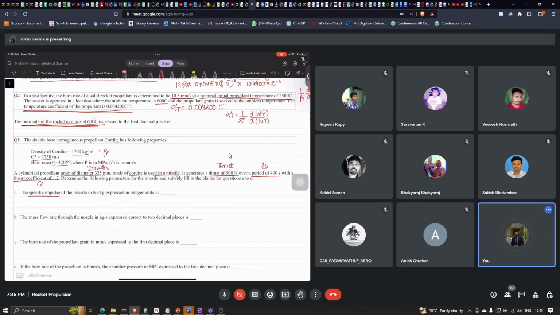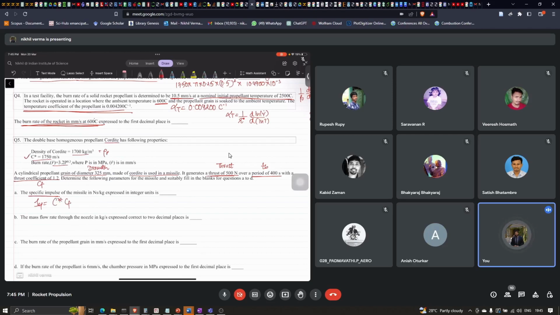So probably this is easy, right? The first part is easy. You can calculate what is the ISP. Would anybody like to give it a try? How will you calculate ISP? Okay, so ISP is just C star into CF.